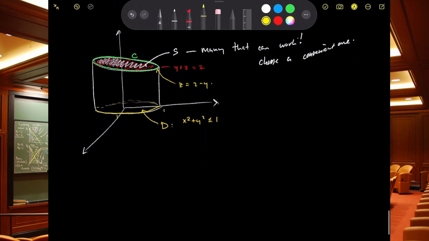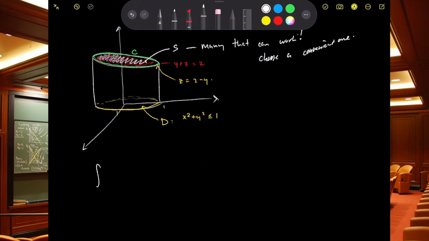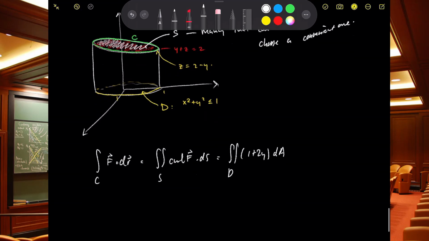So this line integral can be rewritten, using Stokes, as the surface integral of the curl of F dS, which is really the double integral over D of 1 plus 2y dA. Why is that? Well, we're using this formula again.